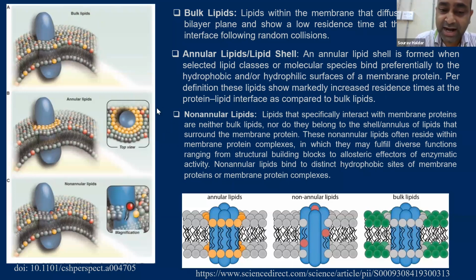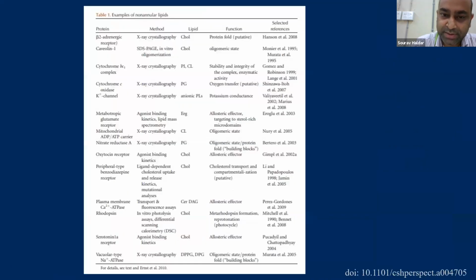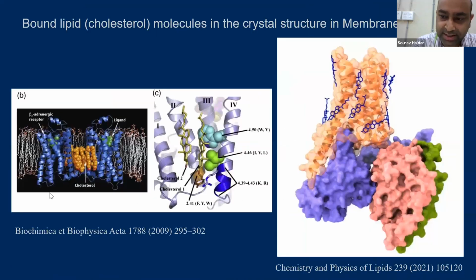Now there is a third kind of membrane lipid, and that is known as non-annular lipid. The non-annular lipids are the most specific lipids, which are found in the crevices of a transmembrane protein. Let me just show you a real example.